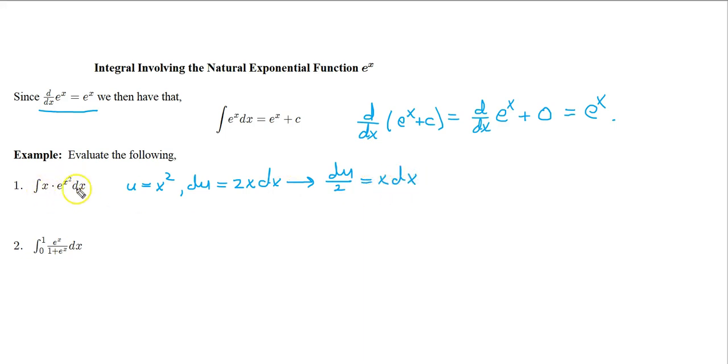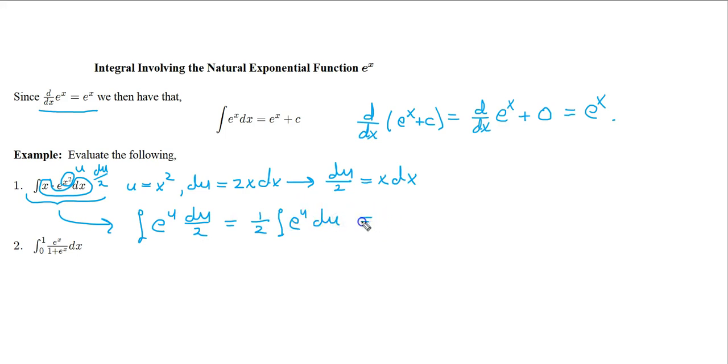And now we can do the substitutions in here. So the x squared here will become a u, and the x dx part right here will become du over 2. And so performing our substitutions in here, this integral will become, and now you see we've turned the integral into something that looks like this up here.